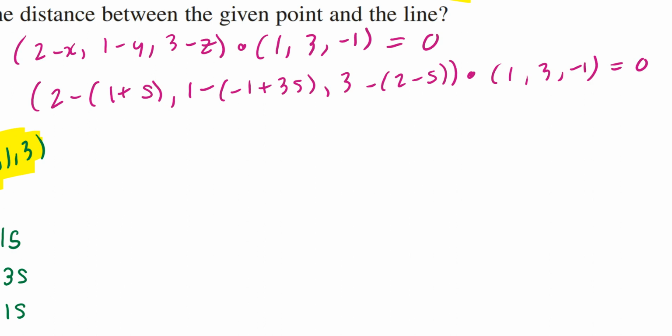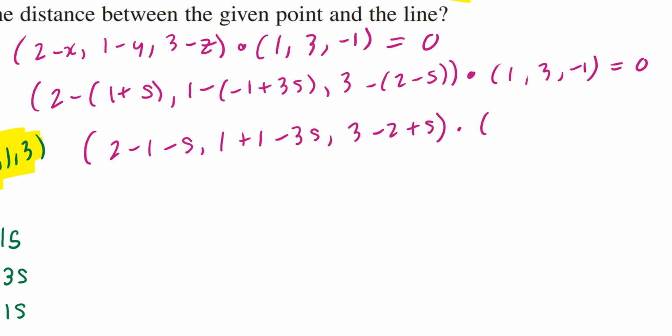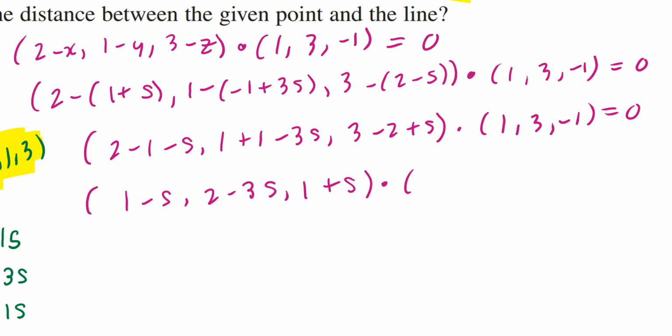Now, if you clean this up, this means 2 minus 1 minus s, 1 plus 1 minus 3s, 3 minus 2 plus s, dot it into 1, 3, negative 1, which equals 0. And if you collect like terms, this equals 1 minus s, 2 minus 3s, 1 plus s, dot it into 1, 3, negative 1, which equals 0.